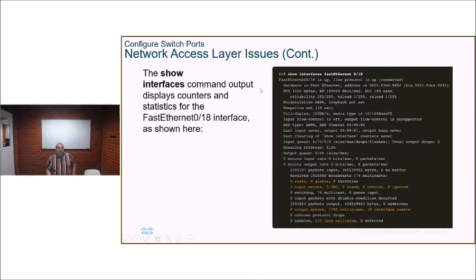Okay, show interfaces gives you basically a screen full of information for each interface, as you can see here. So you can see the status that it's up. You can see the duplex and speed. Now you can actually see some statistics. The reliability is 255 out of 255, so there have been no errors. Transmit and receive load is 1 out of 255, so that means it's not very busy at all.